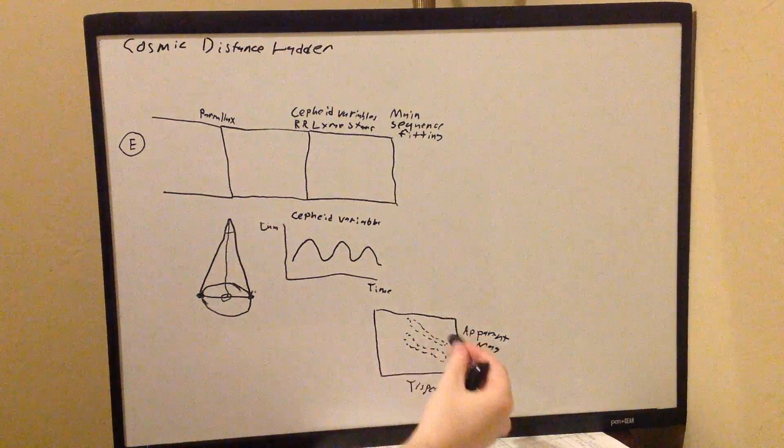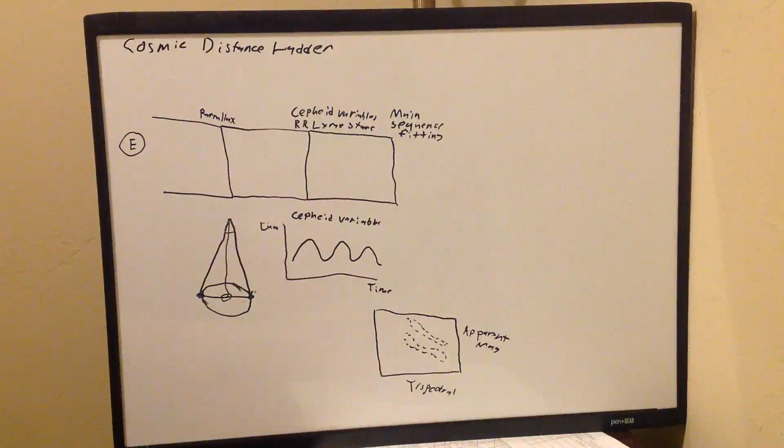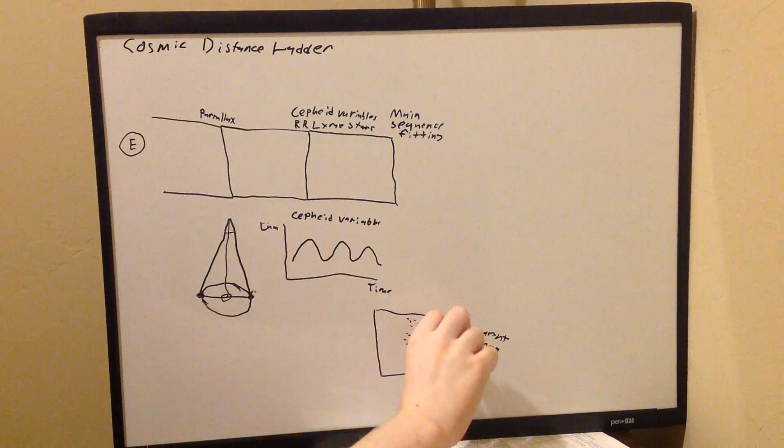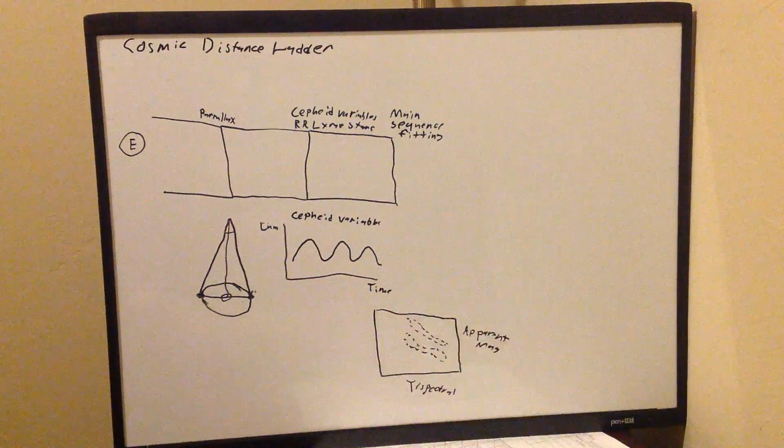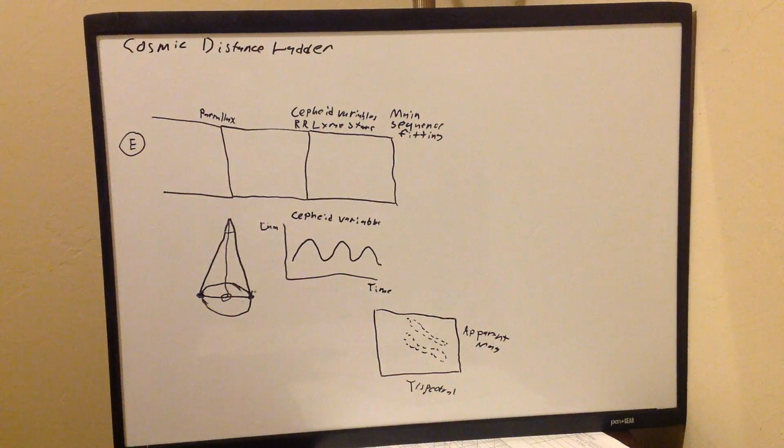And so we can conclude that the difference in how bright they appear to be to us and how bright we expect them to be has to be because of how far away they are. And so by looking at the separation between what we see and what we would expect to see, we can calculate about how far away that cluster is by assuming that it has a normal brightness level. It has a normal distribution of main sequence stars with normal brightnesses for those main sequence stars. That's how main sequence fitting works.